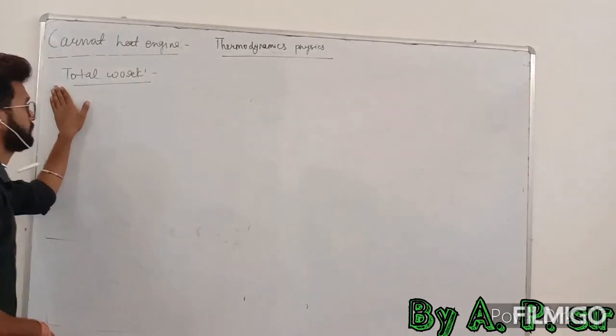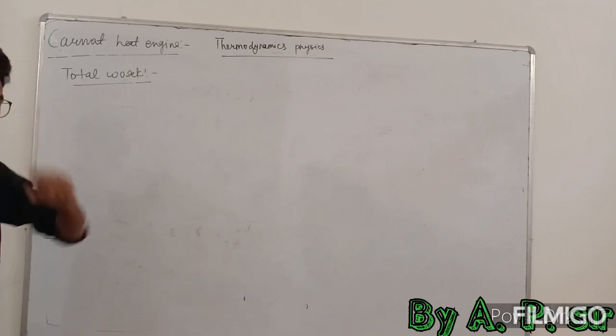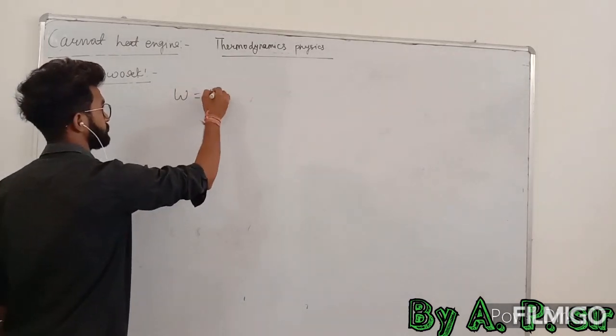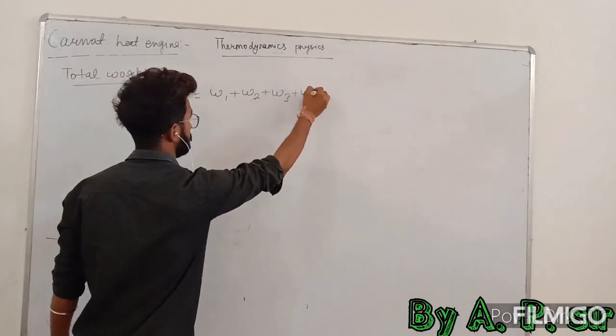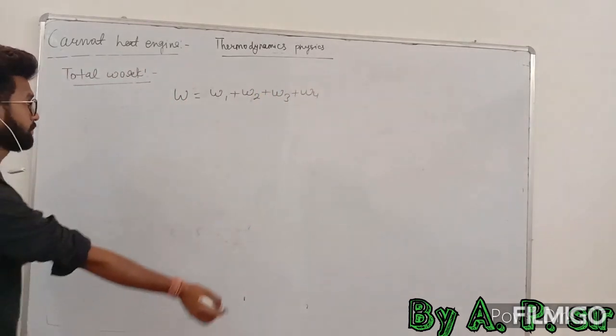Now the total work of the Carnot engine. Total work equals W1 plus W2, W3 and W4. We put in the values of the W's.